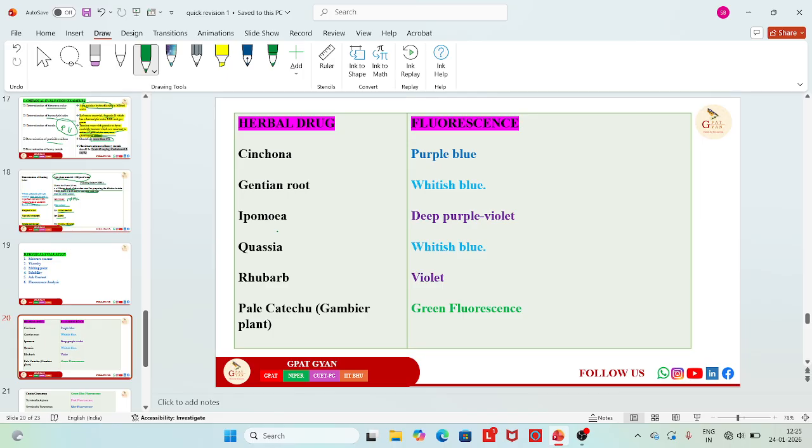In the gambier also, when we were continuing the resin portion, there also you have seen pale catechu and black catechu, what their differences are, what is gambier and what they contain. So quercetin was a huge portion, and the fluorescence color also you have seen. So the gambier fluorescence test was also there for the identification of pale catechu. So that is the green fluorescence it is giving.